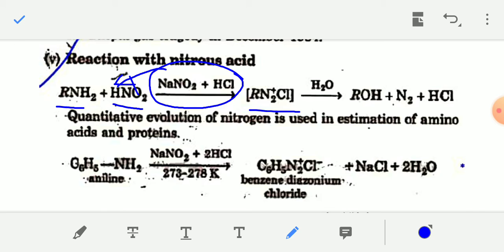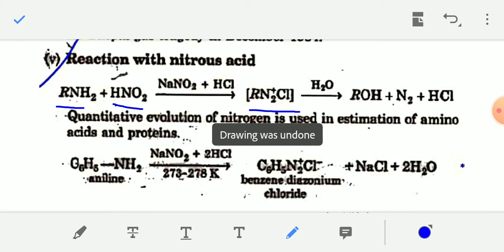On hydrolysis, the alkyl diazonium salt will be converted into alcohol ROH. So when aliphatic amine reacts with nitrous acid, HNO2 means NaNO2 plus HCl.